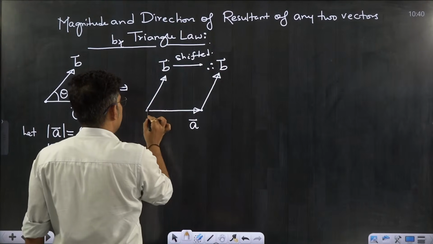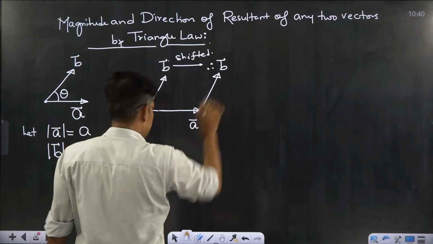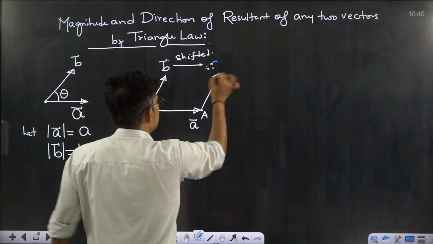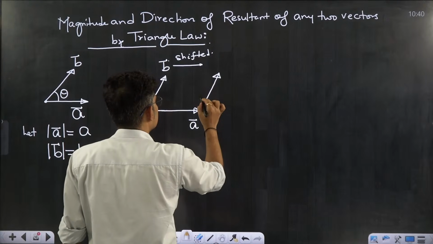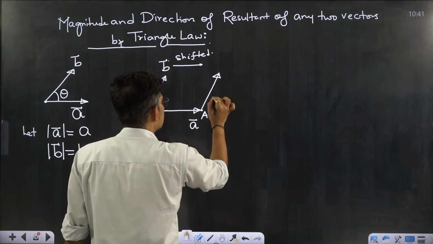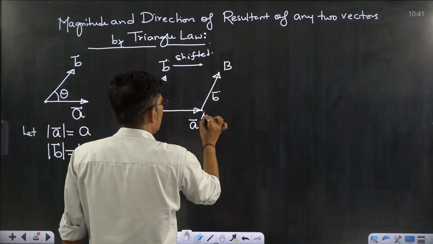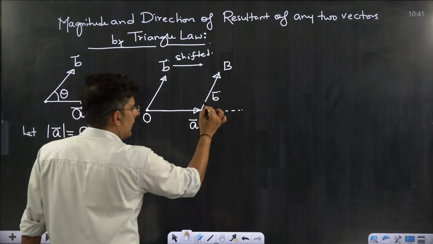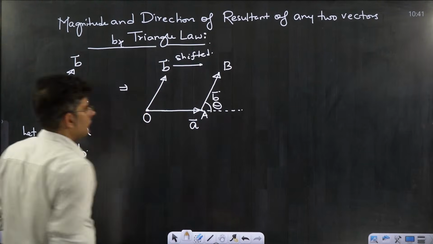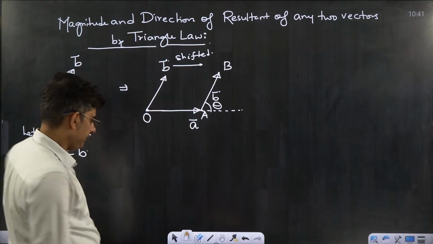Now once I shift, let's mark this point as O and this point as A, and this is our B vector, this is also B vector. Let's call this point as B. So this angle was given as theta, so this angle will be also theta. I have shifted it parallel.